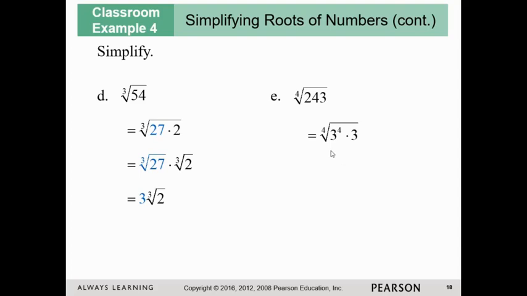So if you think about 3 to the fourth, 3 to the fourth is actually 81, and 81 times 3 is 243. So what we've done is broken this up into a fourth root. So this can be simplified into 3 fourth roots of 3.